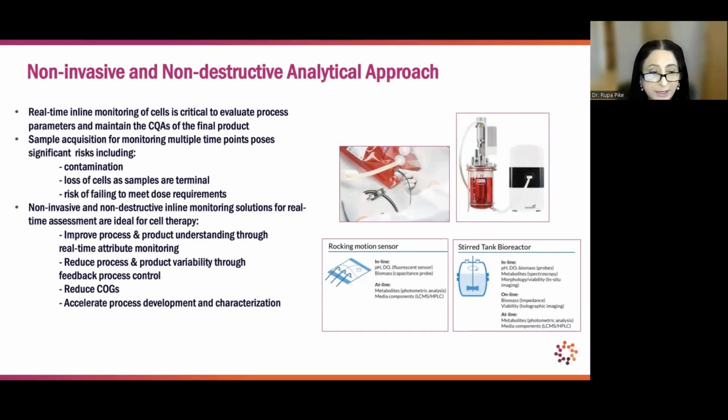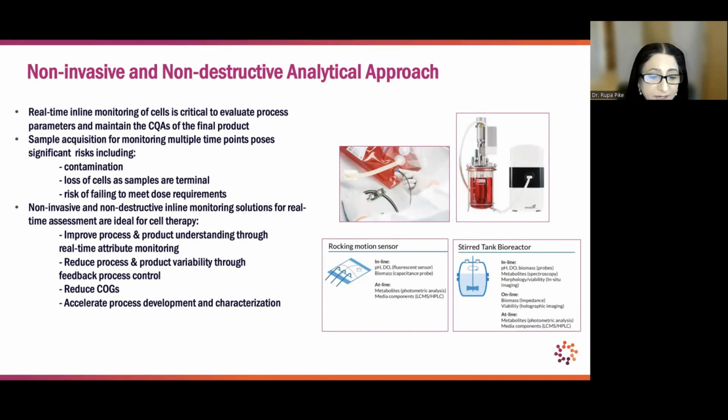So we talked about process analytical technologies or in-process testing, and while it is important and necessary, it requires removal of a significant number of cells at multiple time points. And as you already figured out, this can create a problem, especially for autologous therapies where the cells are so precious, and the loss of cells in the in-process testing can negatively affect the final dose.